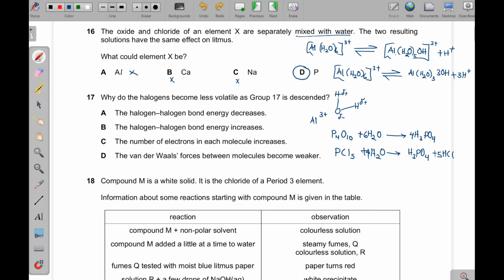Structure and bonding. When we come back here, they are talking about becoming less volatile. Volatility is the ability to vaporize very fast. If something is so volatile then it easily vaporizes. It easily turns into a gas. That's what it means in simple terms.